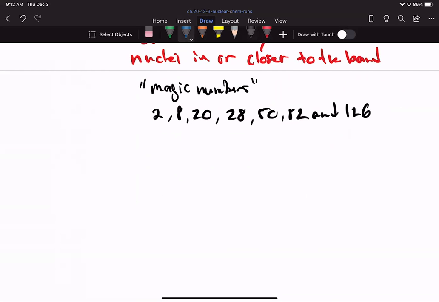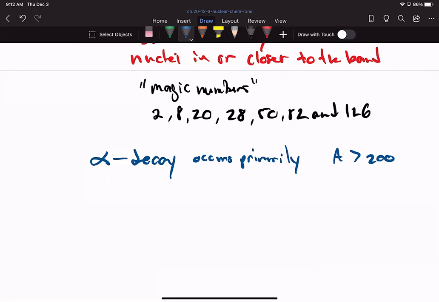So as far as alpha decay is concerned, alpha decay occurs primarily for masses that are greater than 200, for atomic numbers that are greater than 83. And this is where we're going to see alpha decay.